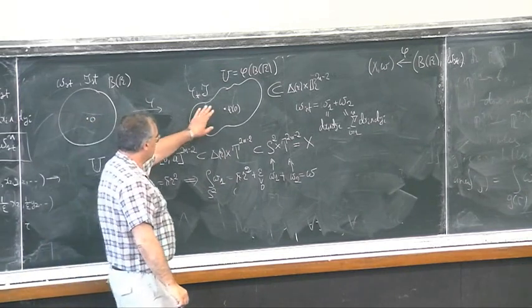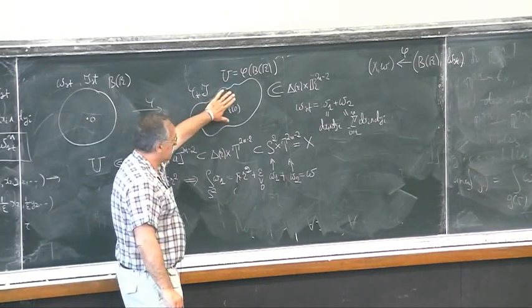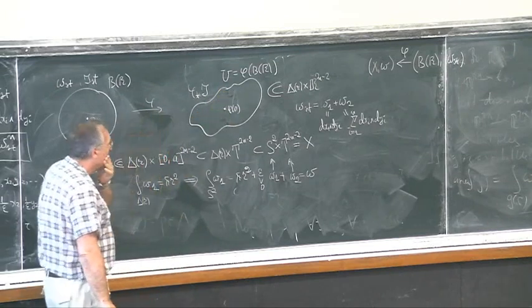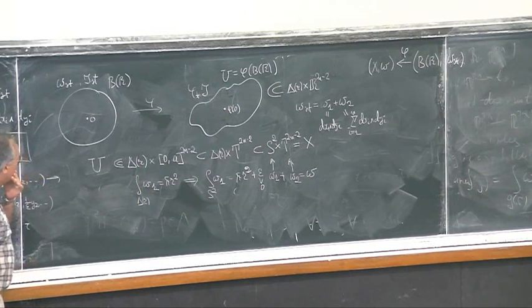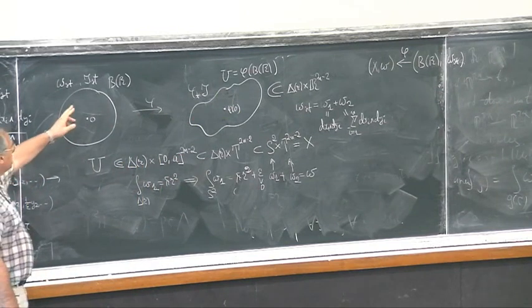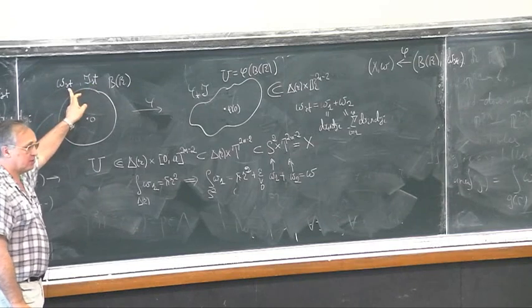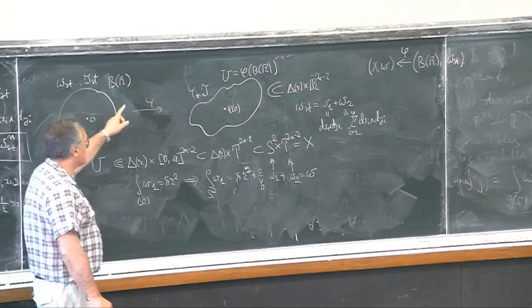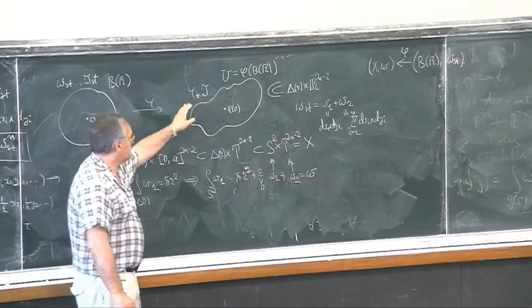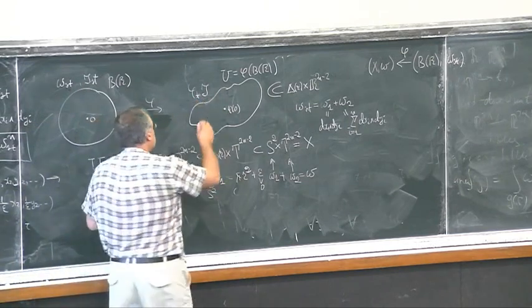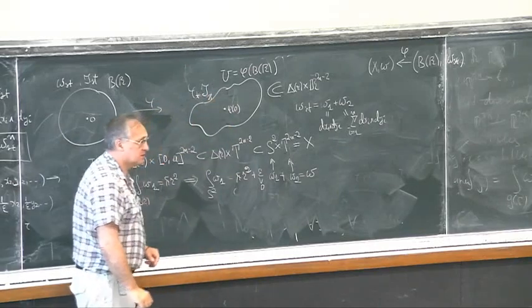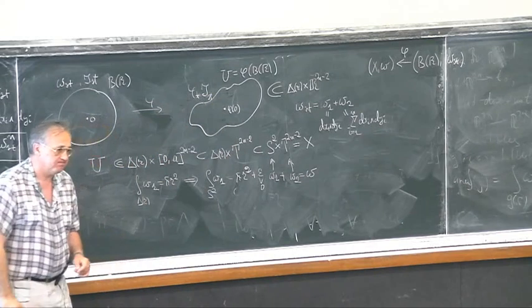We can get an almost complex structure on the image, on U. The standard structure is calibrated by the standard symplectic form. Our mapping is a symplectomorphism. Therefore, the image of the standard structure will be calibrated by the symplectic form in the image.